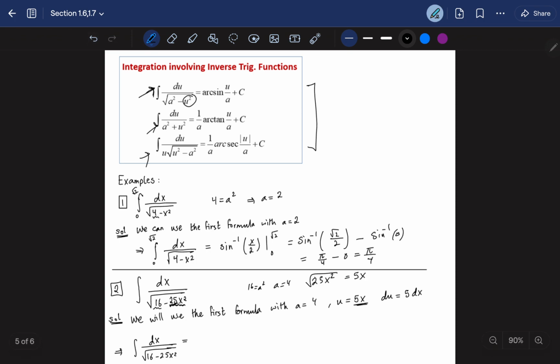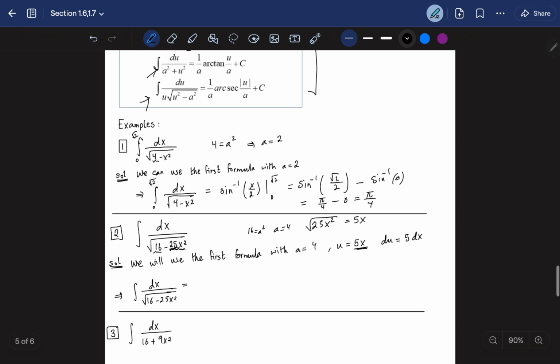So that's just 5x. So let's see what happens when you plug the substitution back in. Here I have du over 5 is my dx. So I'm going to have du over 5, the square root of 16 minus, so let's rewrite it here. This is just 16 minus (5x) squared.